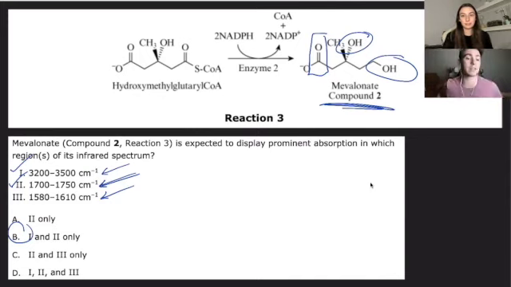You see the hydroxyl group that is in your compound, and you see the carbonyl group that is in your compound, and you get to the 3rd one and you're like, I don't know what that is. And you're looking at your answer choices and you're like, I know 1 and 2 are right, but look at D. I don't know what number 3 is.